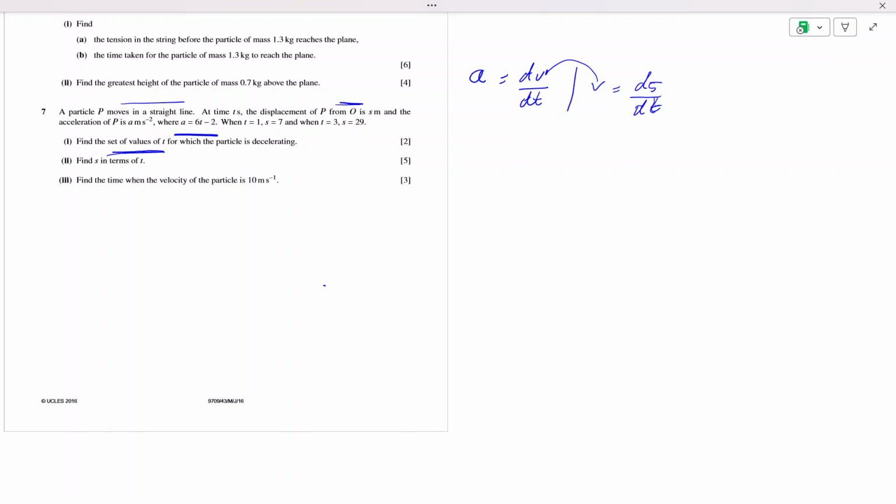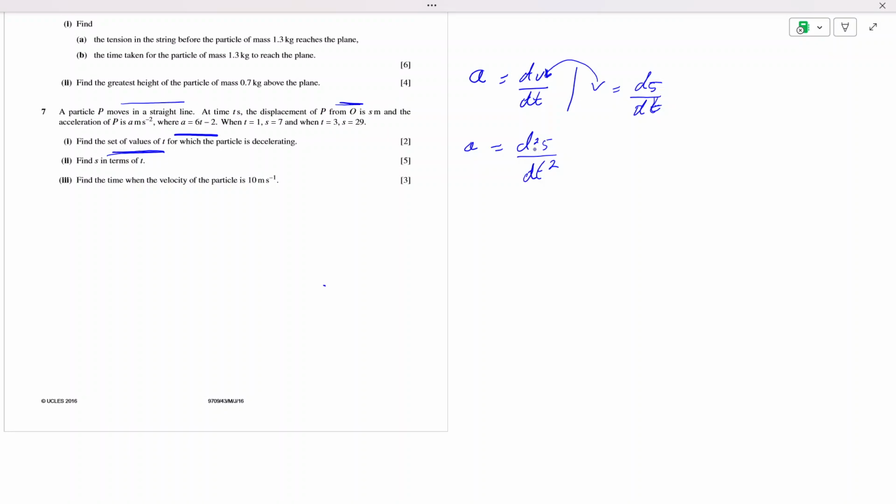Because if we substitute that v there, acceleration is the second derivative of the displacement with respect to time, d2s/dt2, like that.